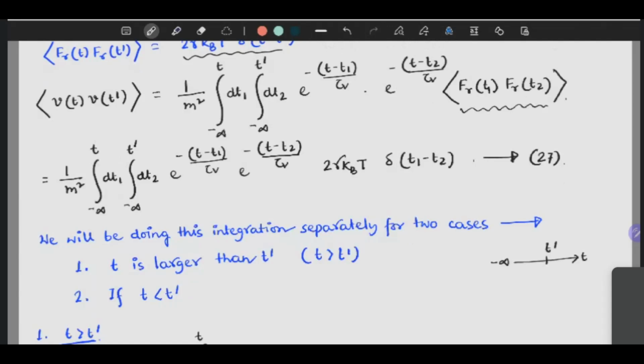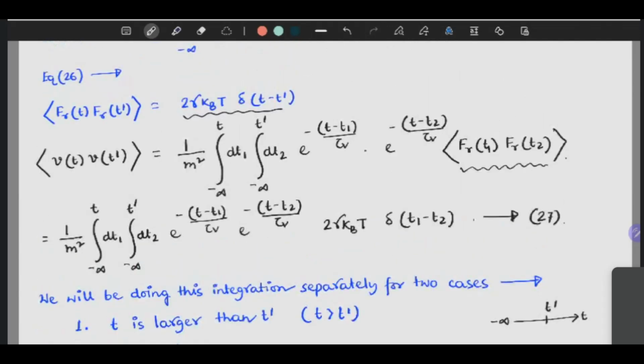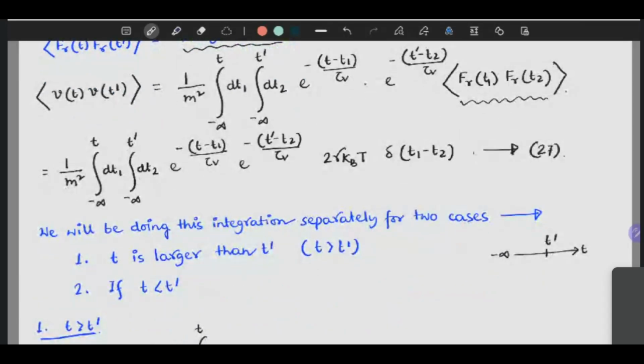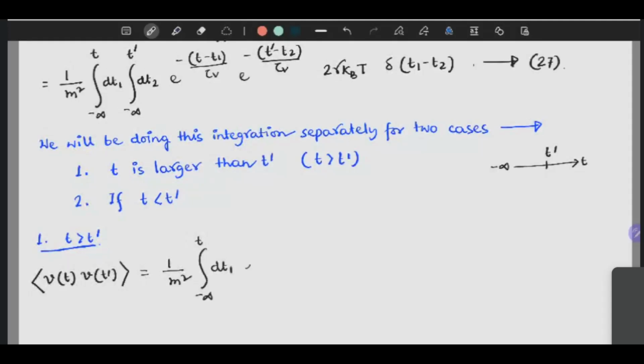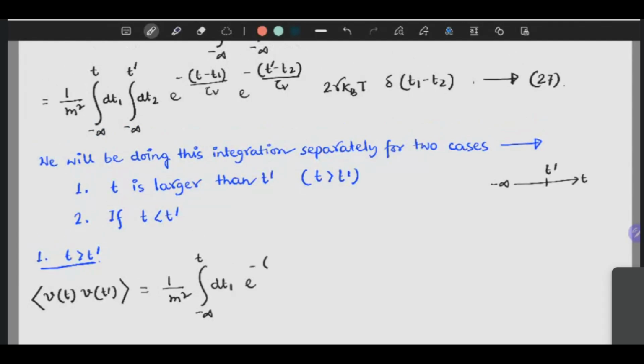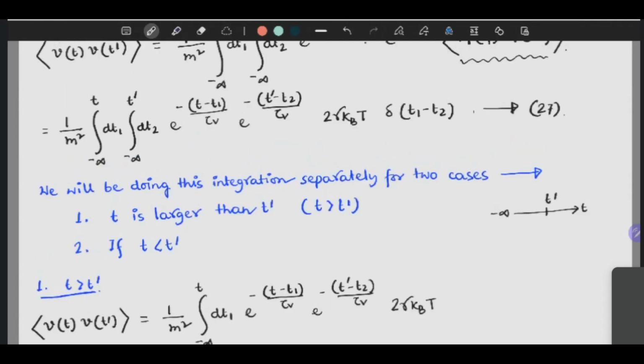So now if you do this, this becomes e to the power minus (t minus t1) by tau_v into e to the power minus (t' minus t2) by tau_v, times 2 gamma k_B T. So we are doing this part.